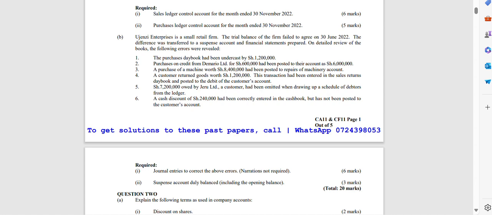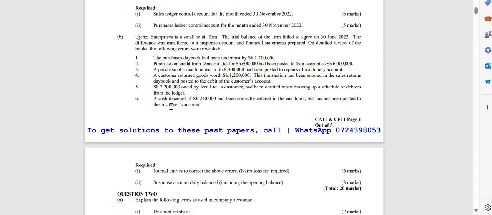Okay. So for this particular question, I want you to note, for most questions, you will be told what is the balance or the difference in the trial balance. But here, you can see under what you are required to do: suspense account duly balanced, including the opening balance. So they want us to get the opening balance of the suspense account.